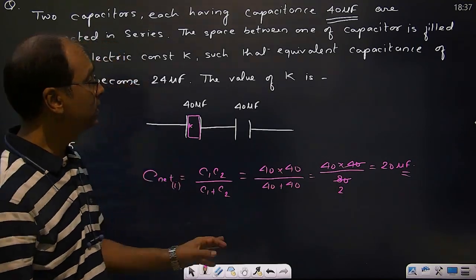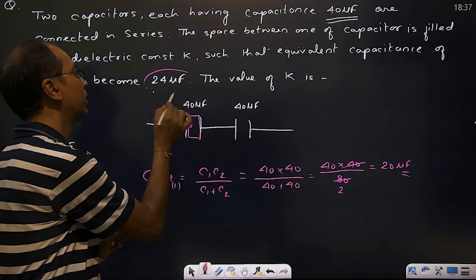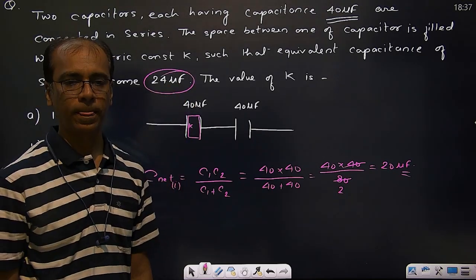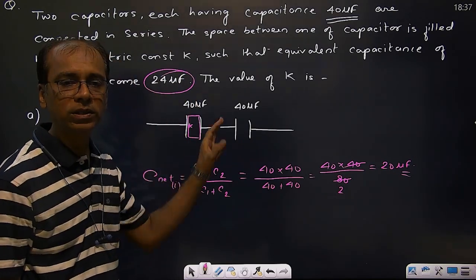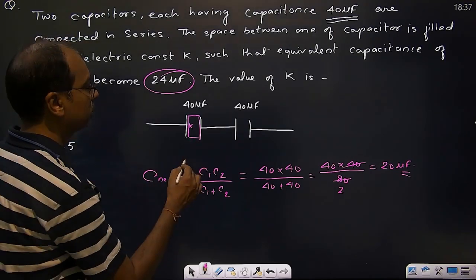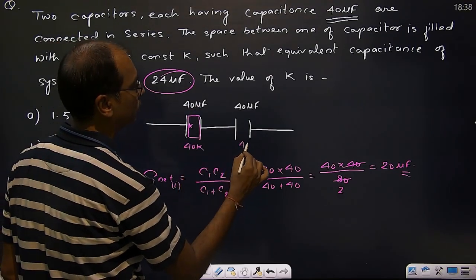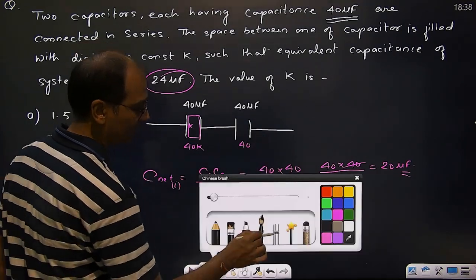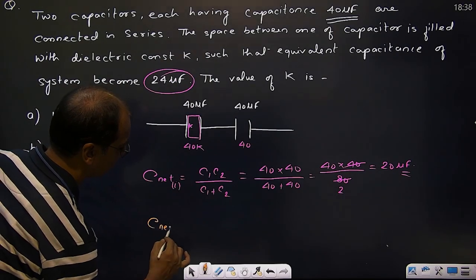But he says if you put K over here, then the resultant becomes 24. Once you put K, the capacitance of this capacitor becomes K times, so now this is 40K and this is still 40. Now what is the new capacitance? We will call it C net final.